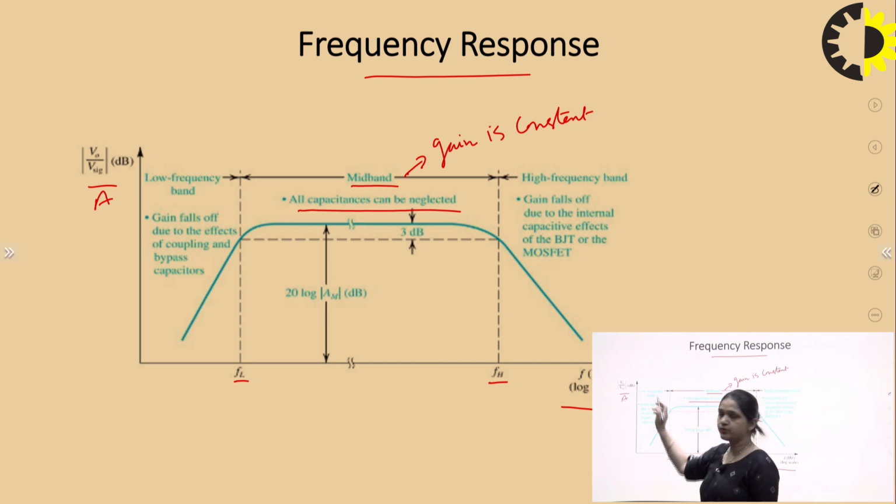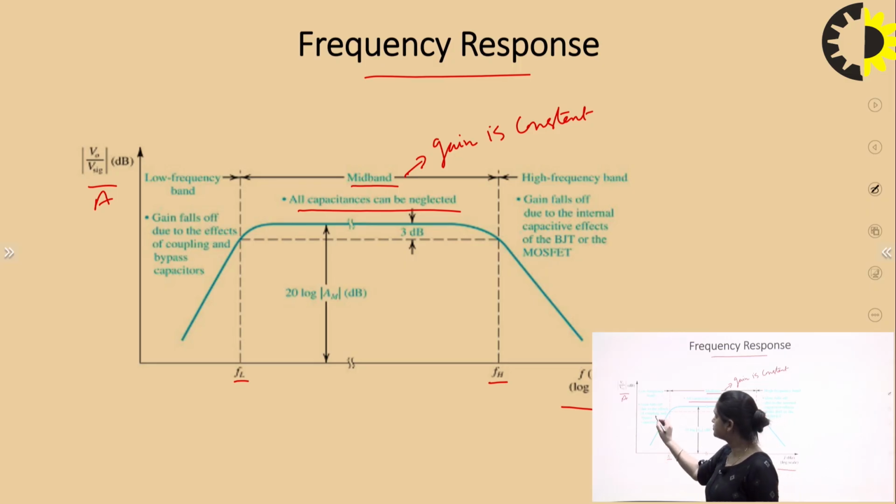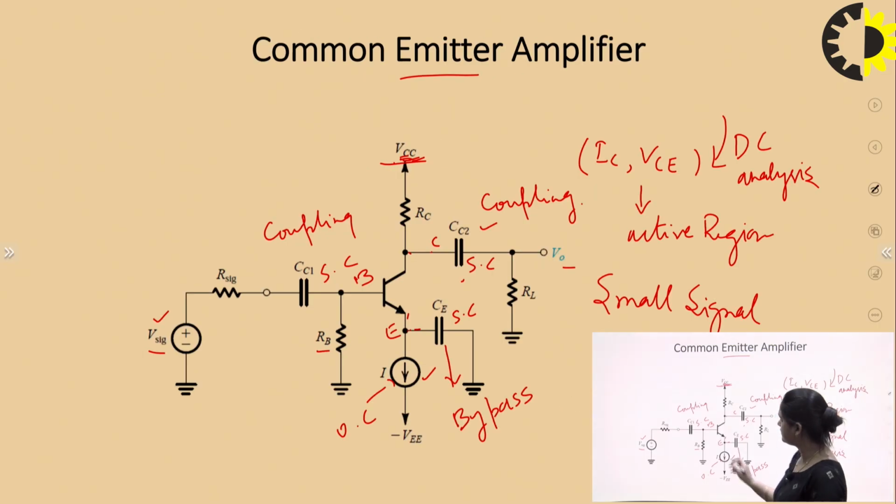Whereas in the low frequency band, whenever the frequency is less than FL, the gain will start reducing. And this reduction is due to the coupling and bypass capacitors of the circuit, which you have seen in the previous slide.